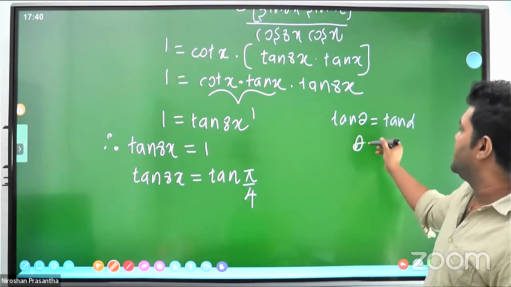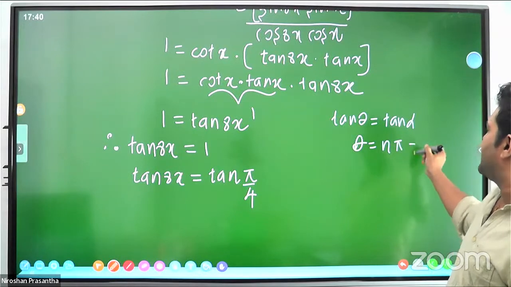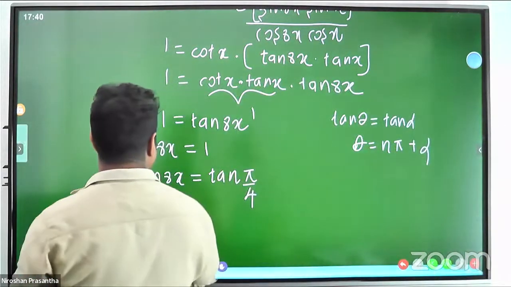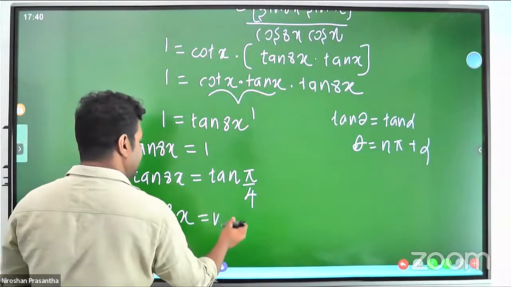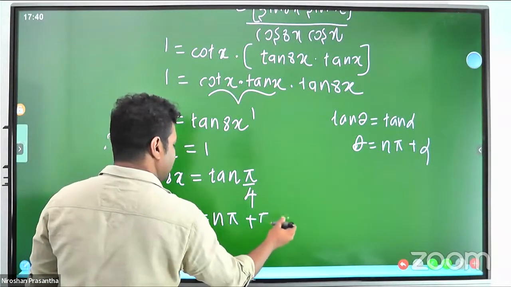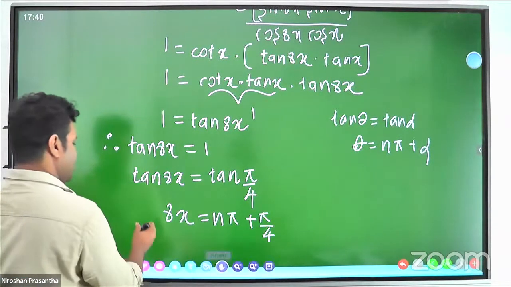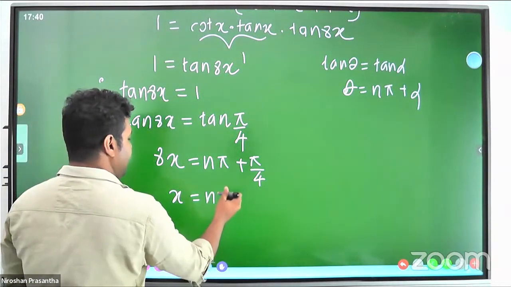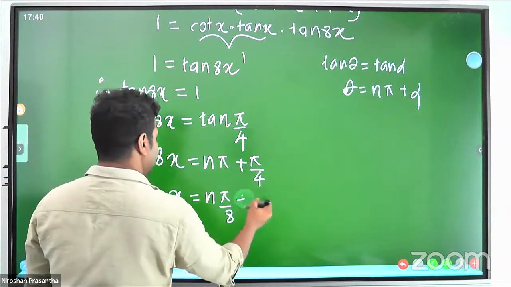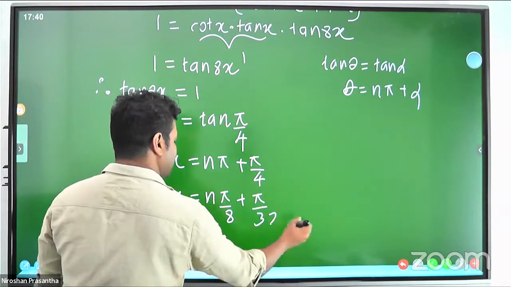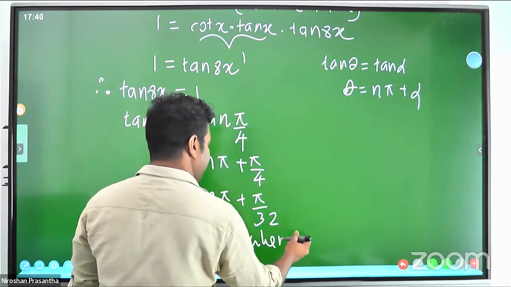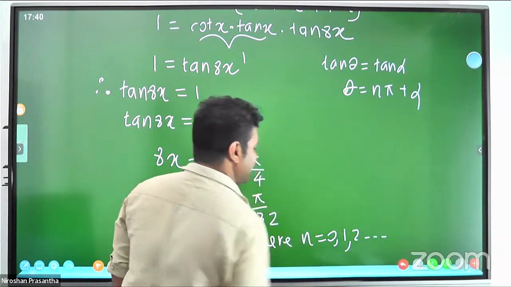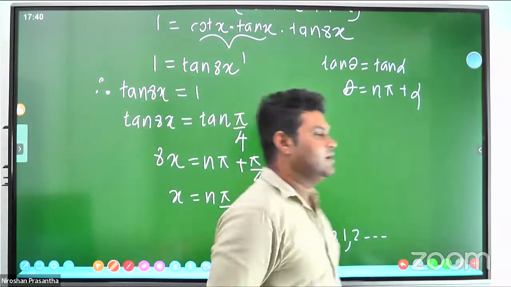It is theta equals n pi plus alpha. Can you remember? Therefore, this theta is 8x equals n pi plus pi over 4. What is x? x equals n pi over 8 plus pi over 32, where n equals 0, 1, 2 and so on, integers.